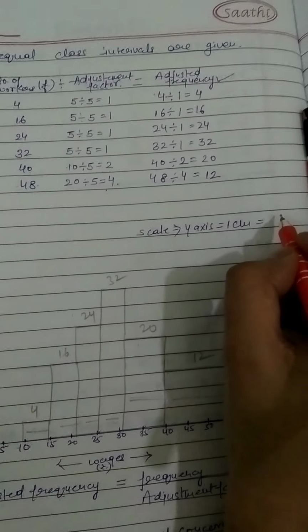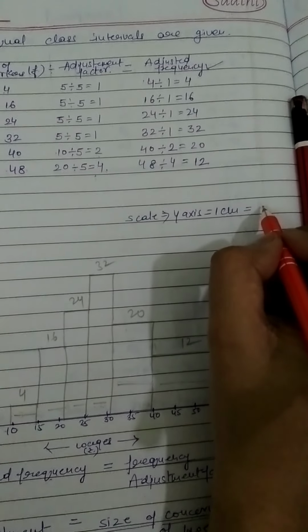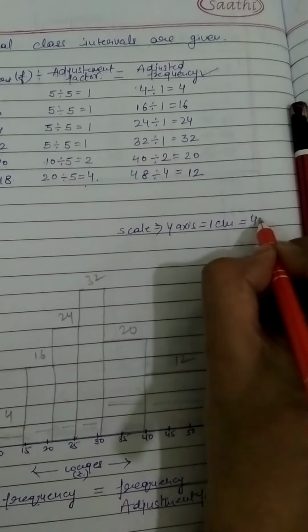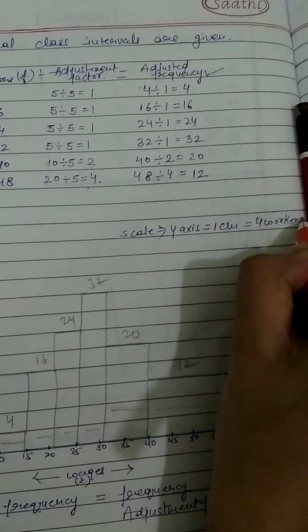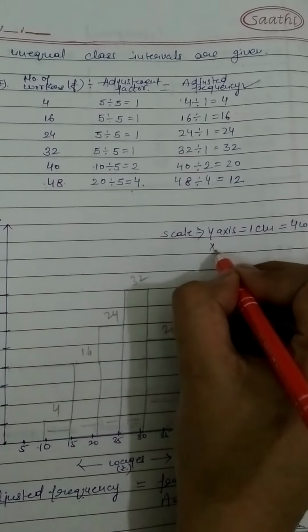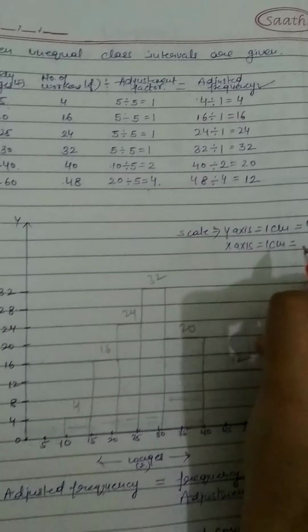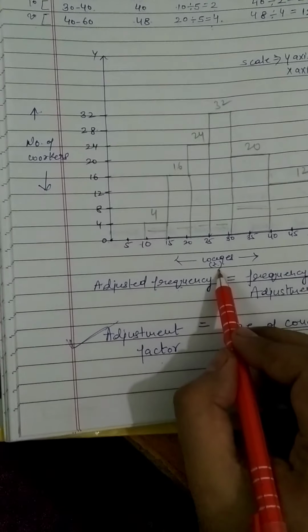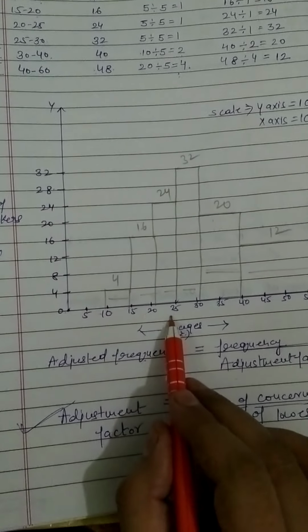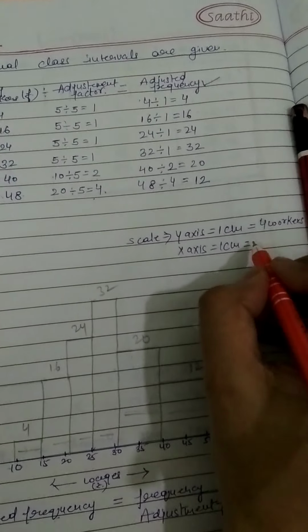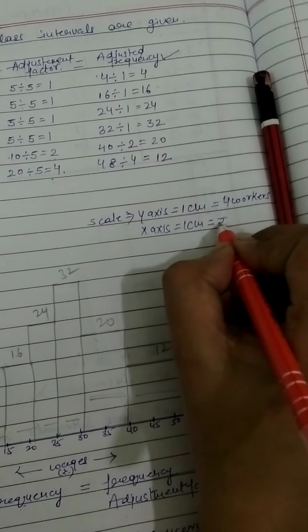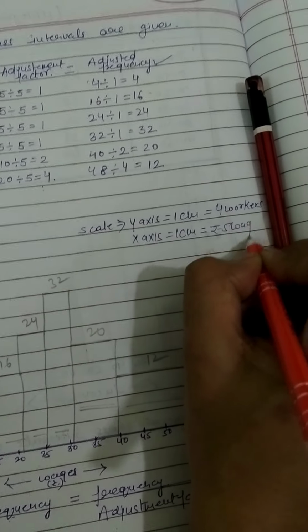So 1 centimeter is equal to 4 workers on y-axis, and on x-axis 1 centimeter is equal to, we have taken wages, so 5 rupees.